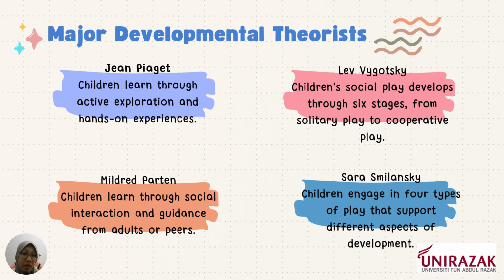And then we have Sara Smilansky, who introduced the idea of different types of play, like functional, constructive, dramatic, games with rules and so on. These different types of play can support various aspects of a child's development. And finally we have Lev Vygotsky, who outlined six stages of play, starting from playing alone up to the cooperative stage.